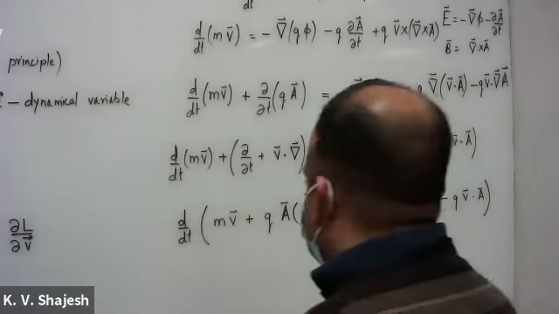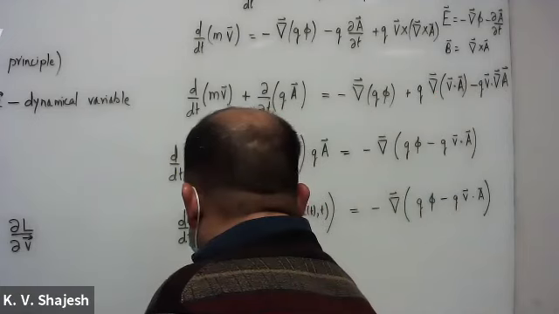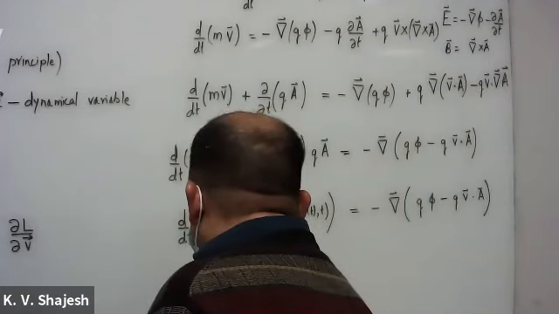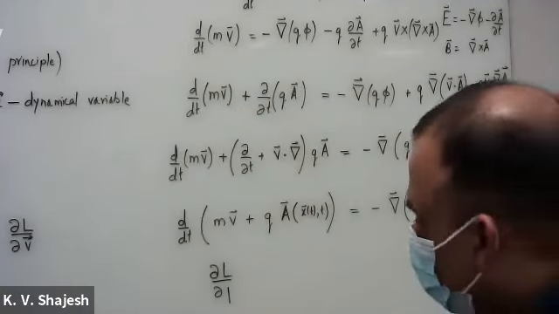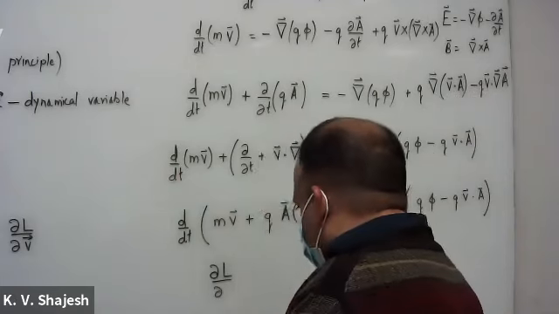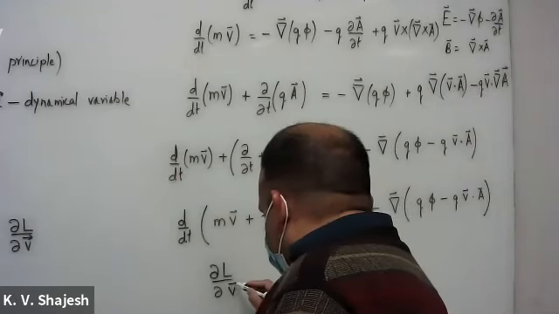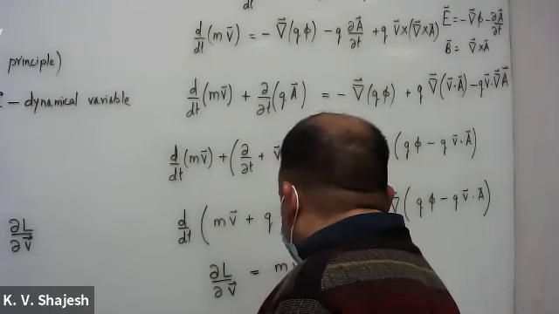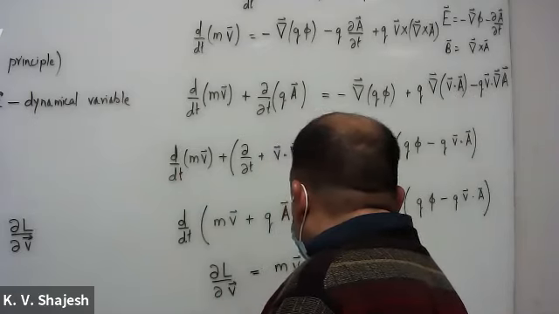We have momentum P, or let me not call this momentum yet. The canonical momentum is the derivative of the Lagrangian with respect to the velocity. That's equal to mass times velocity plus q times A.